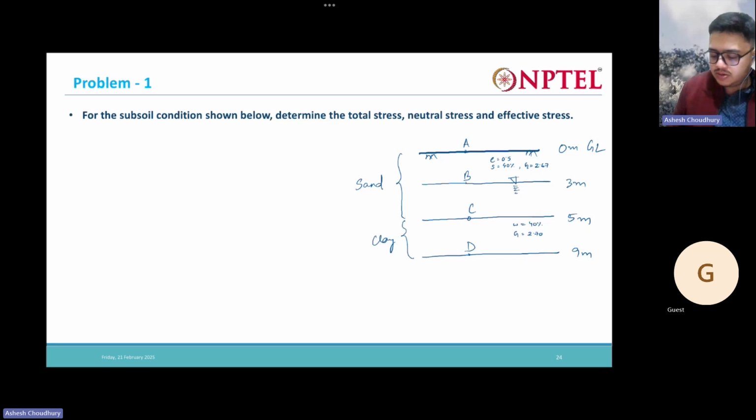G is the specific gravity of soil solids. So for the sand, first of all, let us calculate the unit weights.